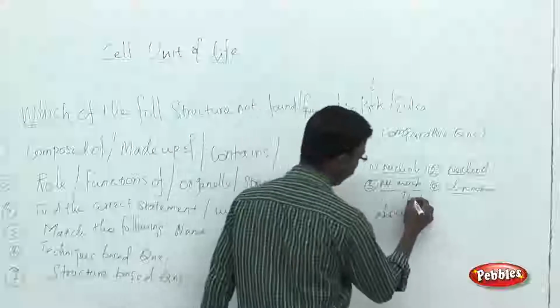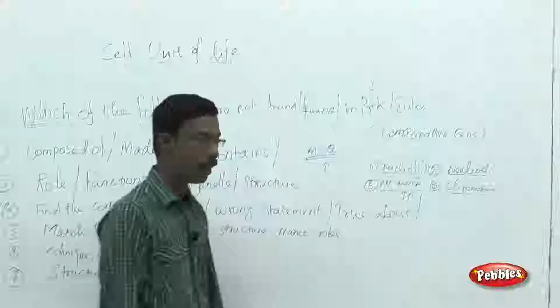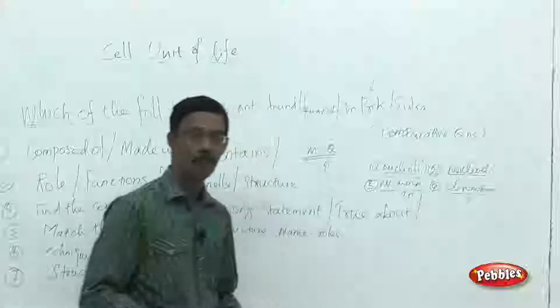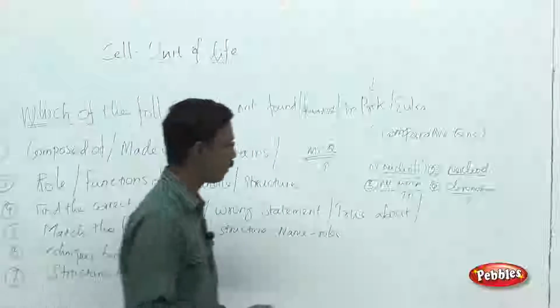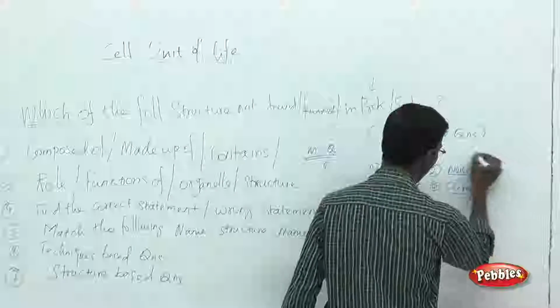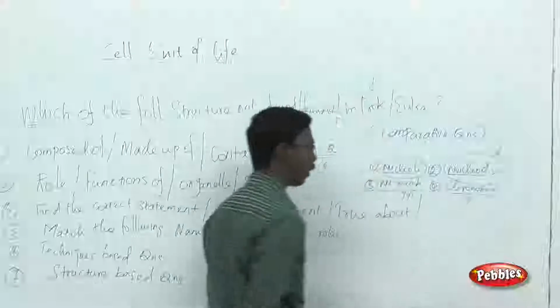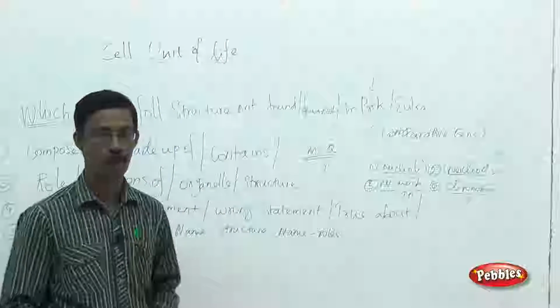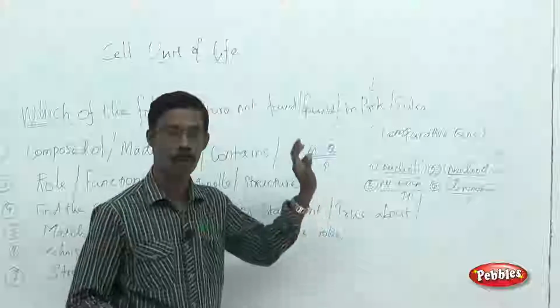So the nuclear membrane is present only in the eukaryotic cells. Chromosomes are structures present within the nucleus. So the answer is nucleoid. Nucleoid is a membrane-less DNA containing structure present only in the prokaryotic cells. And this is how you have to think and answer for this type of questions.